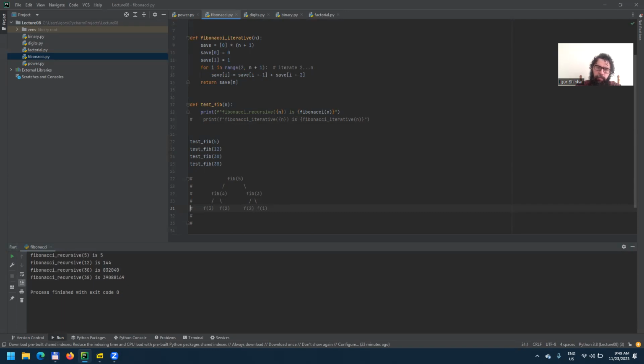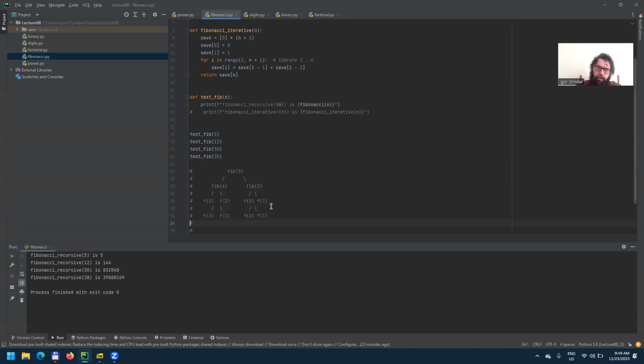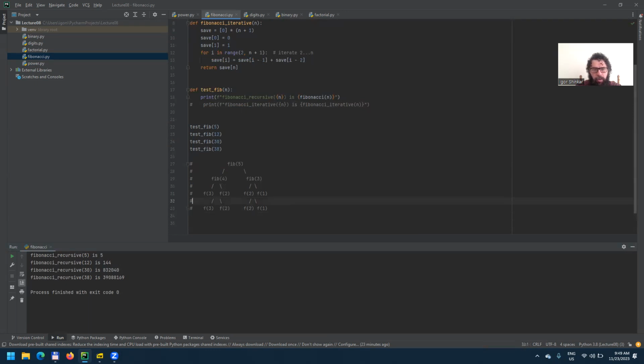So I will write f and not Fibonacci because it's a bit long. For 3, we compute 2 and 1. For 2, we compute f of 1 and f of 0. It's getting a bit tricky, but sure.